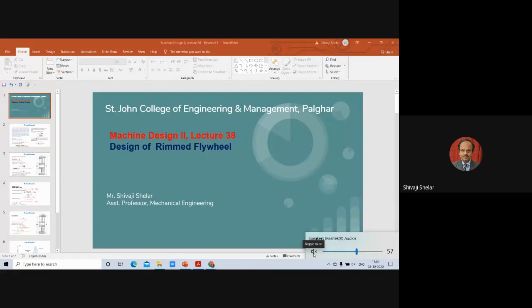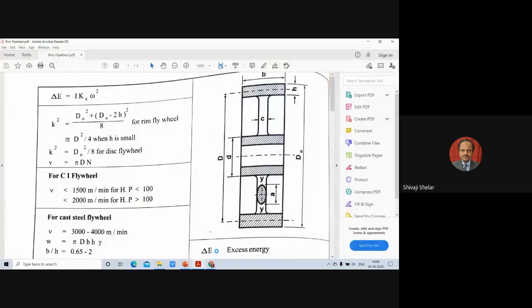There is a time lag between my talking and what you will hear. This is the PSG design data book page in which rimmed flywheel having arm is shown here. So we are going to study how to design this rimmed flywheel for one particular application.